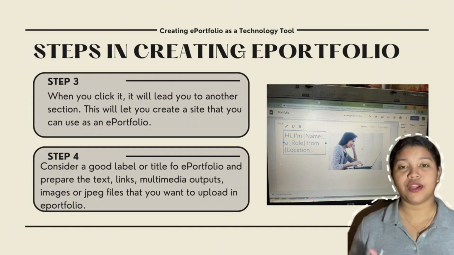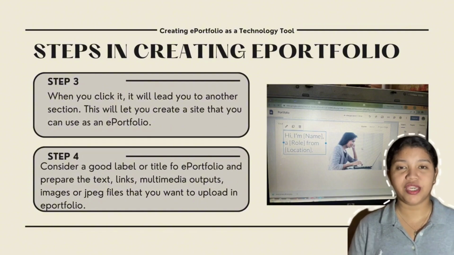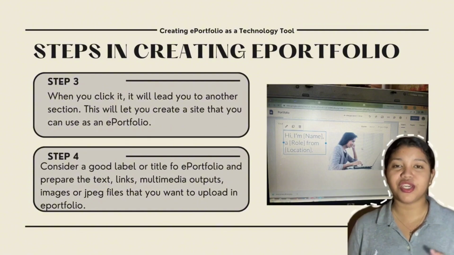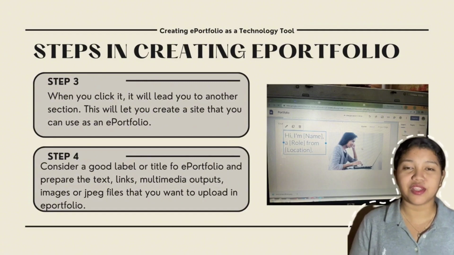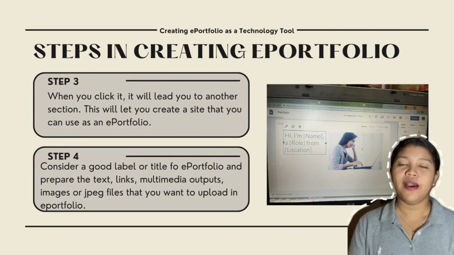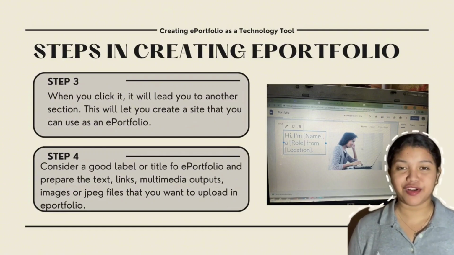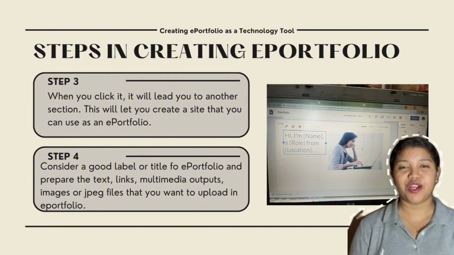So for the fourth step, you should think of a catchy introduction or catchy line, an interesting introduction for your portfolio. So that is all in creating a portfolio. Let us have a recap. For the first step, you open Chrome and sign in to your Gmail.